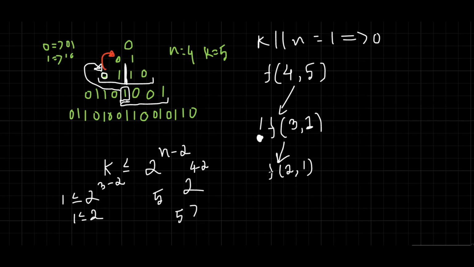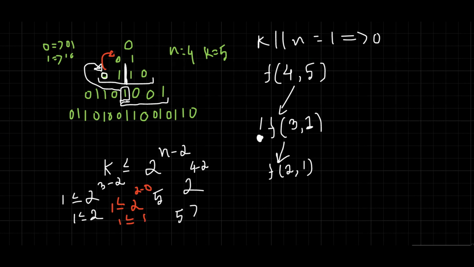Now let's check another thing. The value of k is still 1. Now let's check whether it is less than or equal to 2 to the power n minus 2 or not. Here the value of n will be 2, that means 2 to the power 2 minus 2, so here it will be 1. Is 1 less than or equal to 1? Yes, definitely it is.